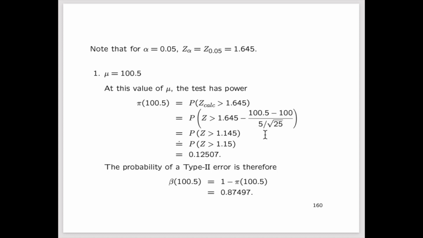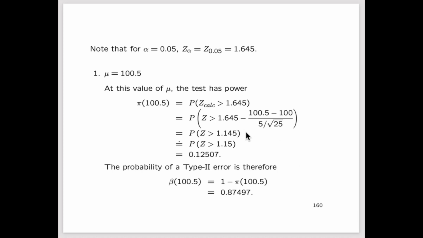All right. And so then when we carry out that calculation, we see that the power of the test when mu is equal to 100.5 is equal to or given by the probability that the standard normal random variable is greater than 1.145.